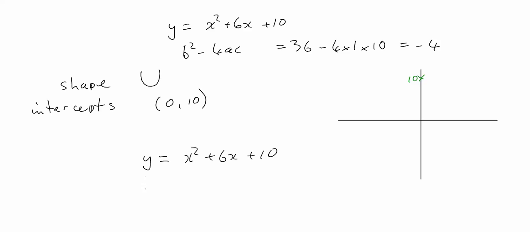To complete the square, we must consider the coefficient of the x, 6x, halve it, 3, and square that, 9. So we add 9, but if we add 9, we've got to take away 9, so we haven't added anything, and then we have plus 10. And the reason for doing that, of course, is that that bit there becomes a perfect square.